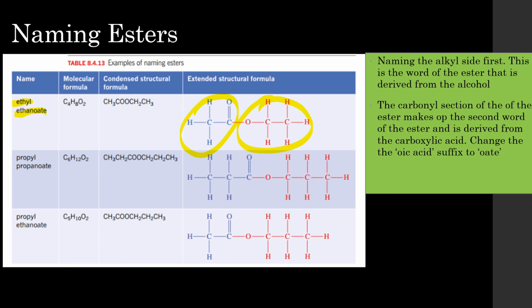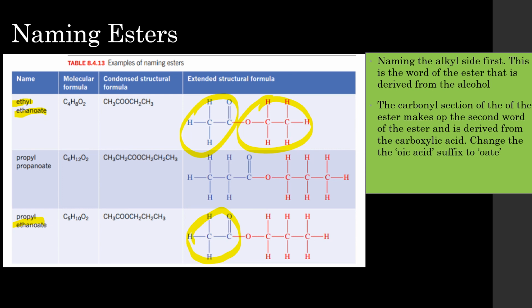So the next one is a propanoate. Oh, that's not very helpful because that's also a 3-carbon and with a 3-carbon. Okay, let's have a look at the next one, a propyl ethanoate. So what can we see here? Here's our ethanoate. So that's based from ethanoic acid, which is a carboxylic acid.